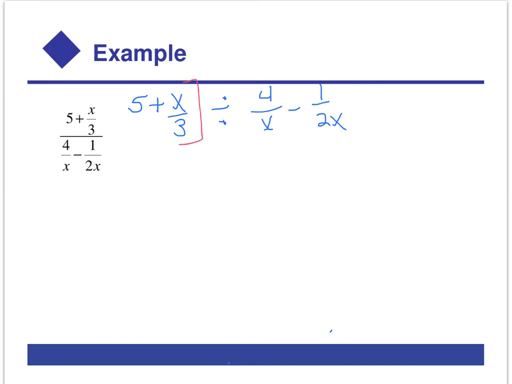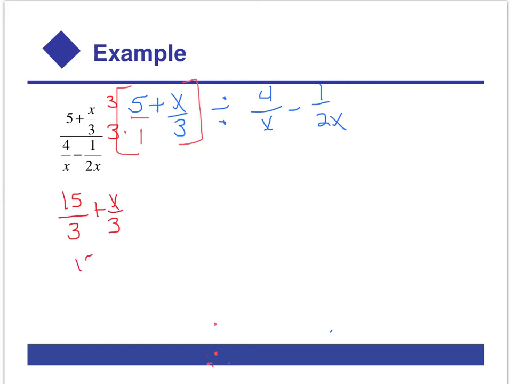Let's look at this one. What do these not have in common? They don't have the same denominator, do they? But if we multiply the denominator by 3 here, and the numerator by 3, we wind up with 15 over 3 plus x over 3.